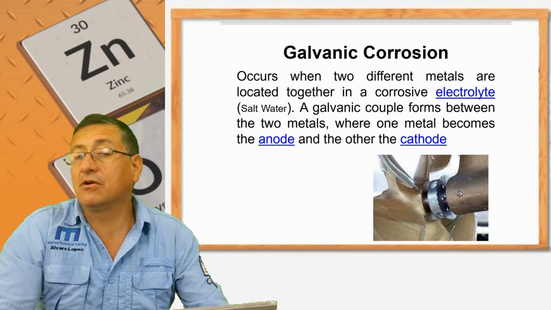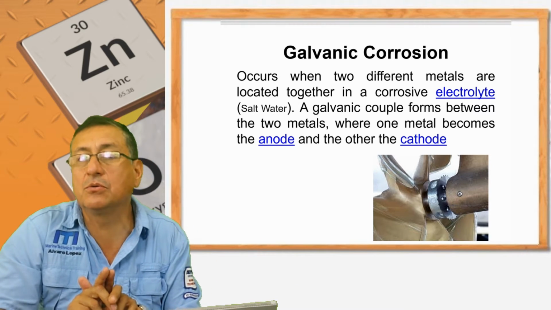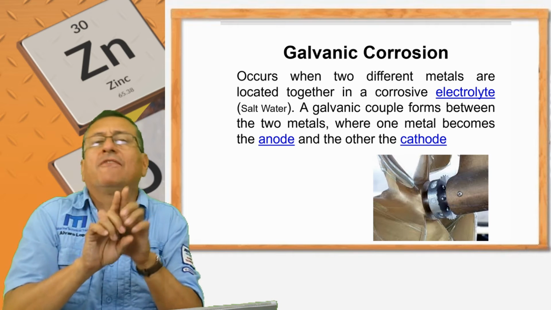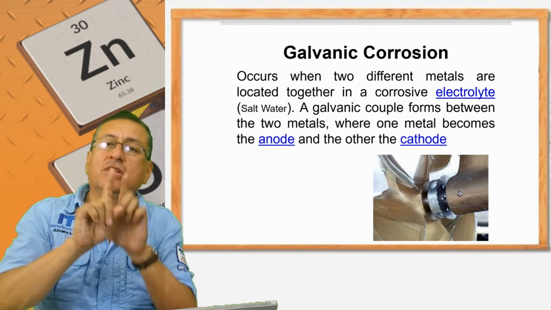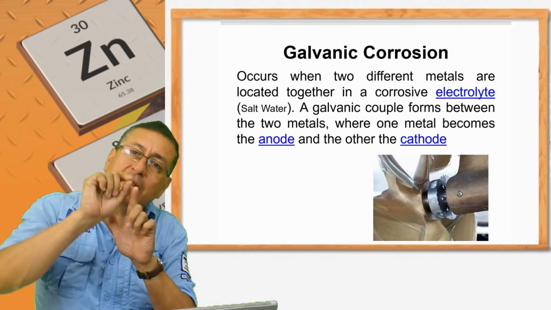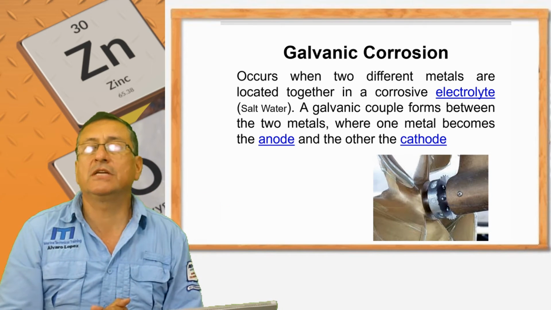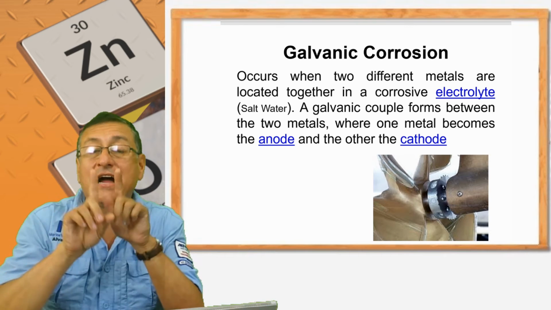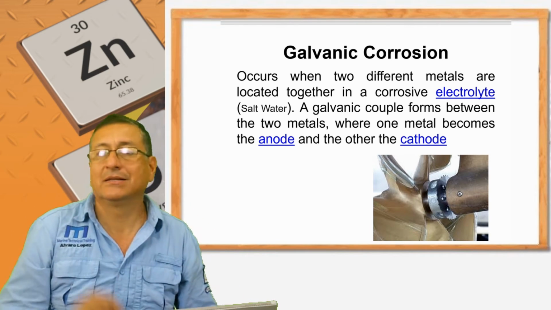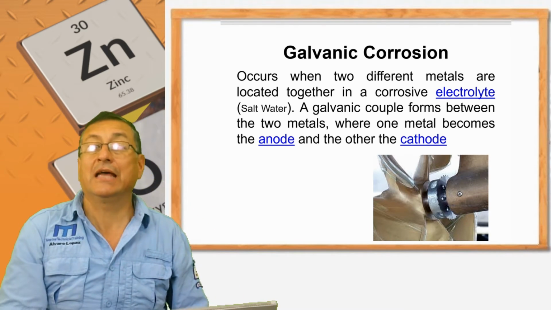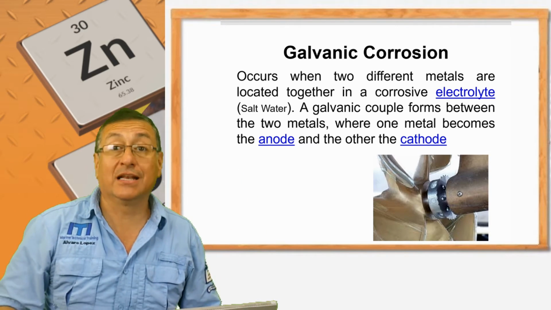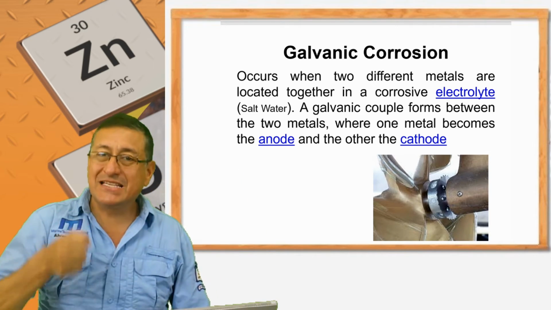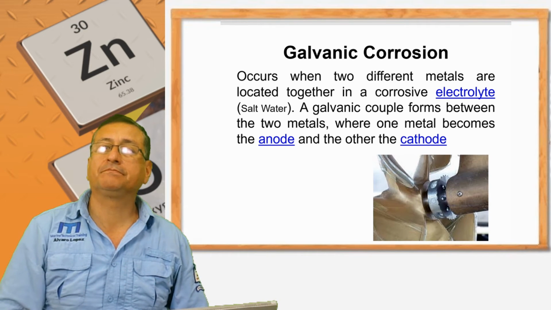When you have two dissimilar metals together, doesn't matter if you have humidity in between or not, you have one with more energy, other with less energy, and the big one attacks the smaller. That's it. Simple. Additionally, if I have humidity in between, that process is accelerated. And additionally, if I have currents, that's electrolytic. That process is accelerated faster.